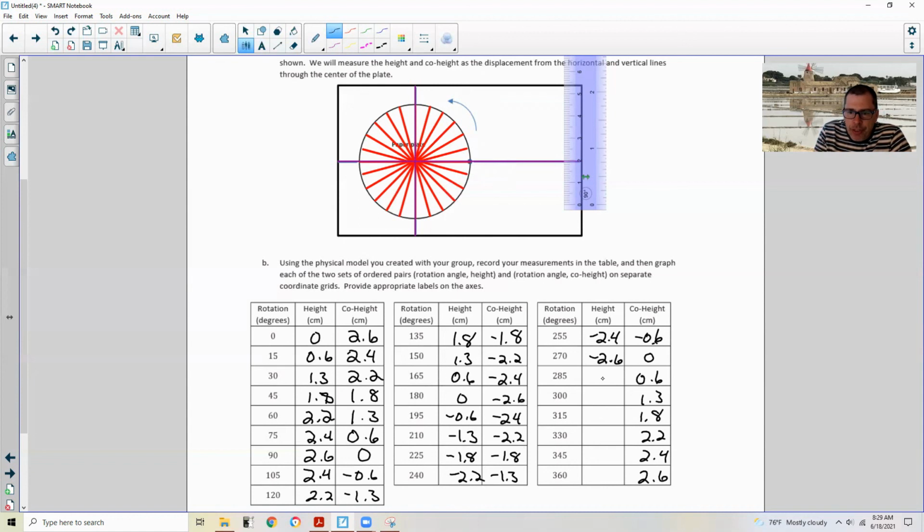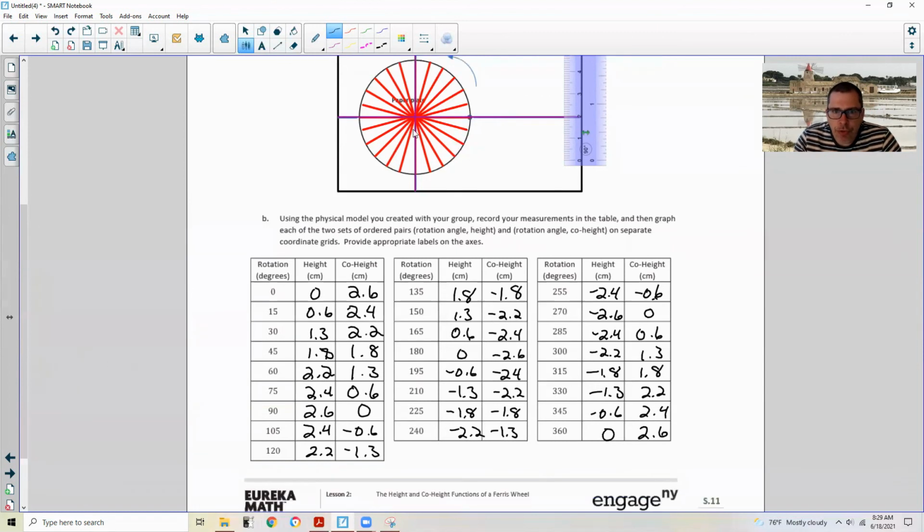And now we're going to decrease again to negative 2.4, negative 2.2, negative 1.8, negative 1.3, negative 0.6, and 0. Okay, so there is the domain and range set up for this circle based on feet, not degrees.